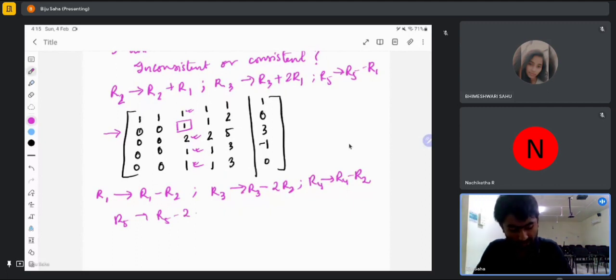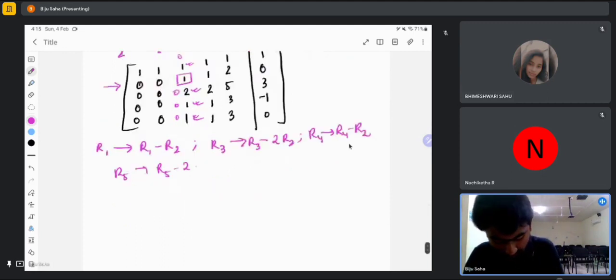R1 minus R2 makes this one 0. R3 goes to R3 minus 2R2, so that makes this 0. Likewise, all other elements in the same column go to 0. After performing these row operations, my matrix reduces to this form.